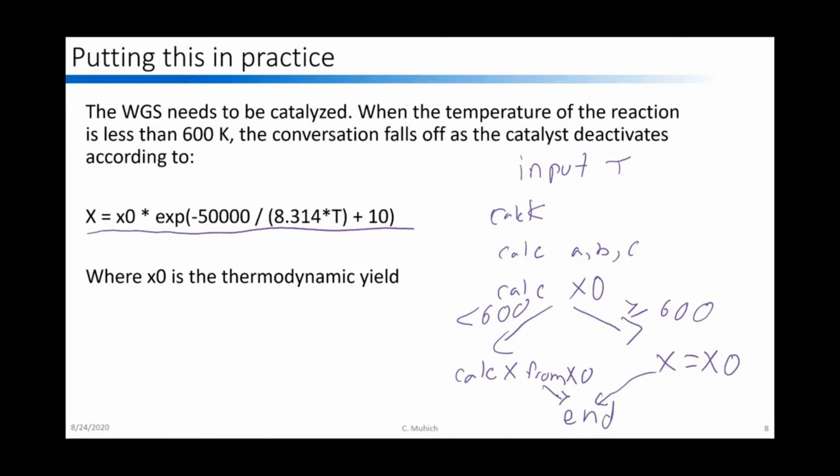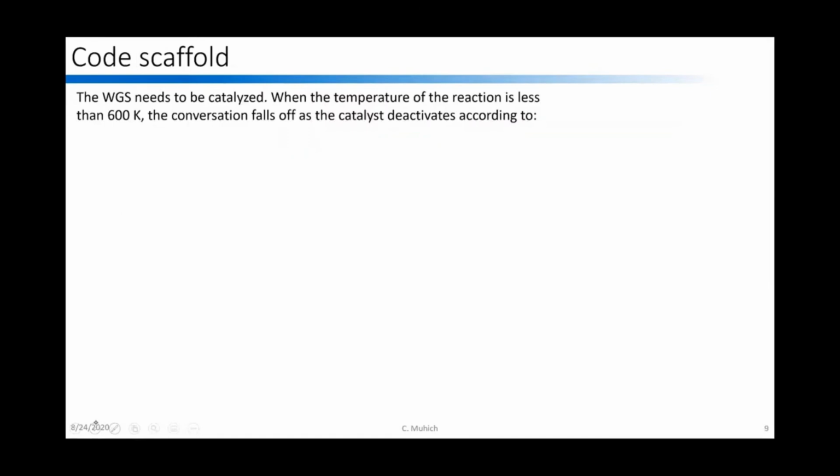So let's put this a little bit into that scaffold form that we just looked at. In building this code, we need inputs. For right now, let's just take in T and output x.